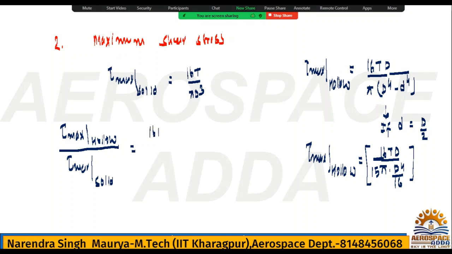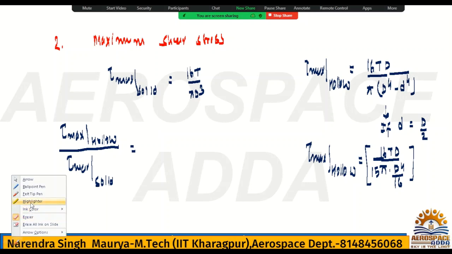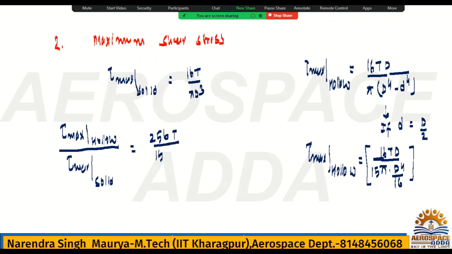It will be 16 T D, D cancels out, so 16 into 16, which is 256 T, divided by 15 pi D cube, divided by the solid 16 T divided by pi D cube.